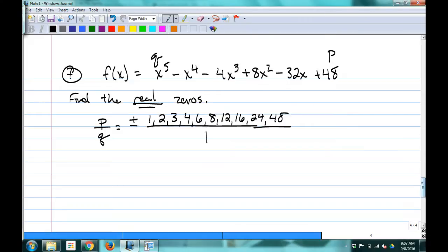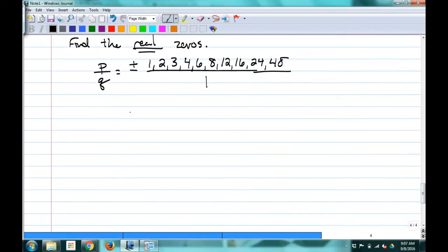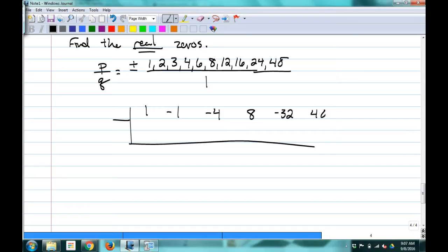So we want to run our synthetic division with one of those. We want to find which one of those to start off with. How do I know which one? You're saying x minus 1 is a factor?